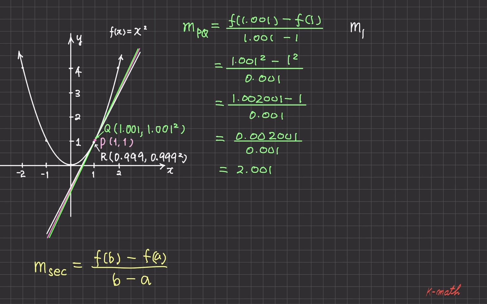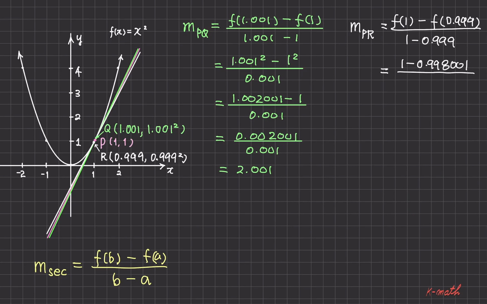The slope of the white line becomes f of 1 minus f of 0.999 over 1 minus 0.999, which is equal to 1 minus 0.998001 over 0.001, which is 1.999. So, what do these values mean?